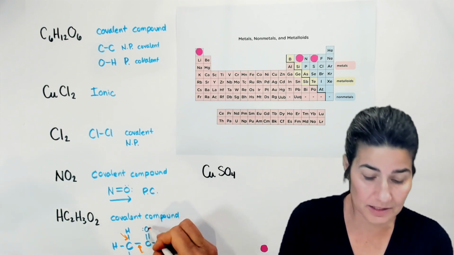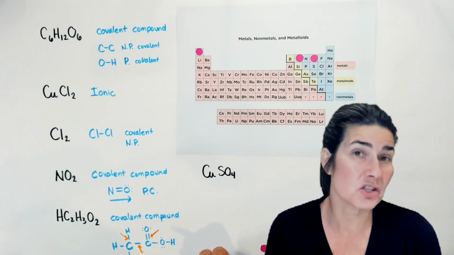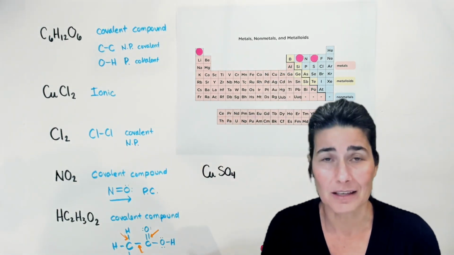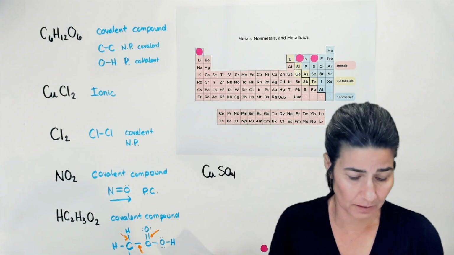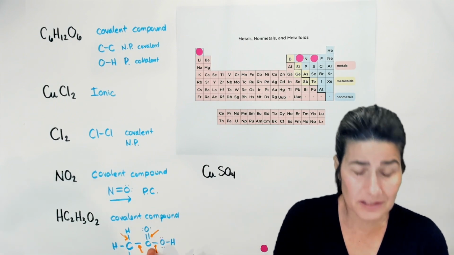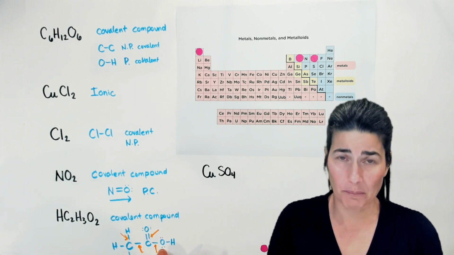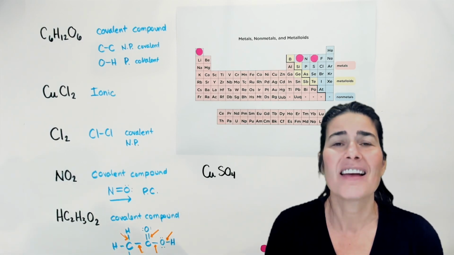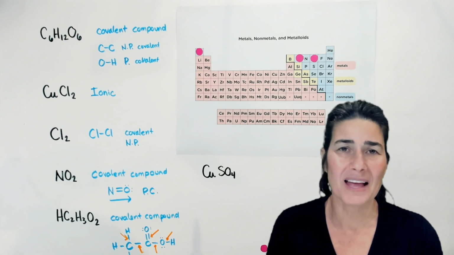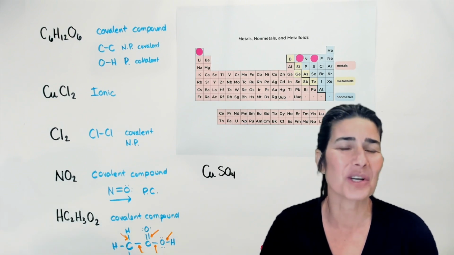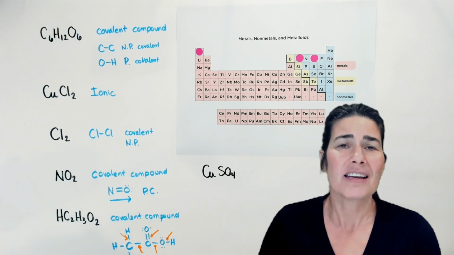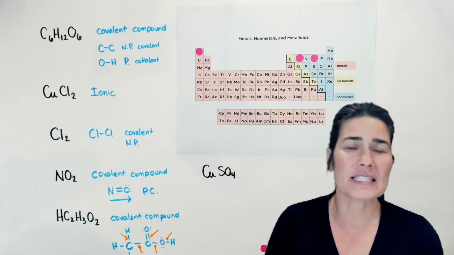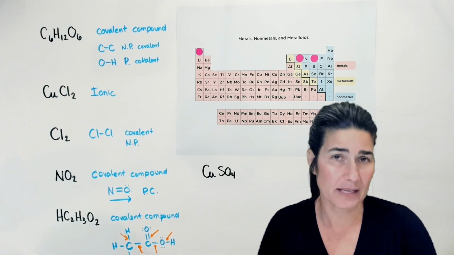Between carbon and oxygen, okay, well, oxygen wins. For tug-of-war strength, oxygen's a winner, so that would be a polar covalent bond. And between oxygen and hydrogen, another polar covalent bond. They don't pull the same, so there is a pull overall. So within my covalent compound, I have both polar covalent and nonpolar covalent bonds.